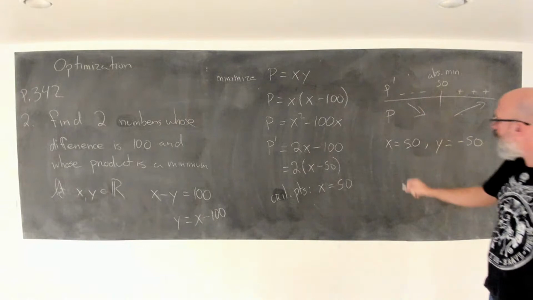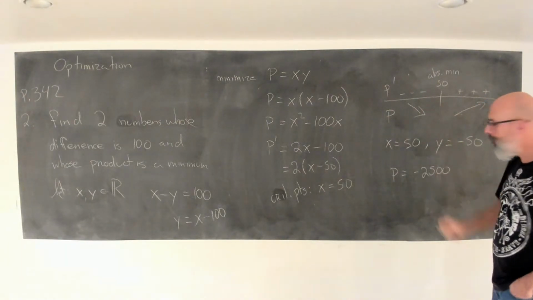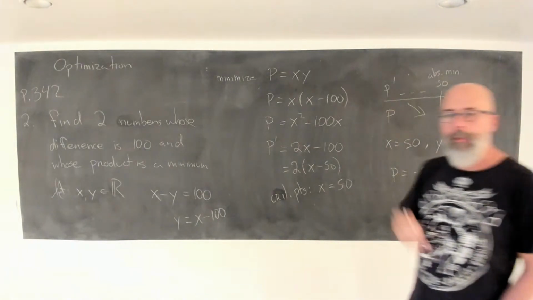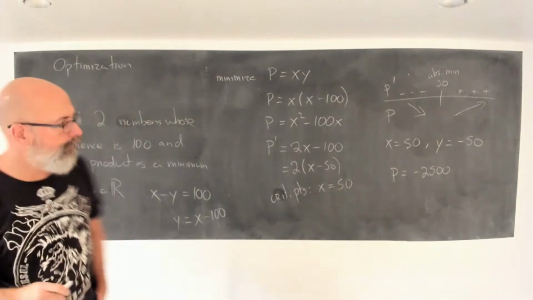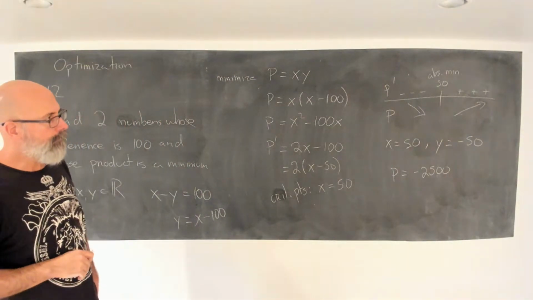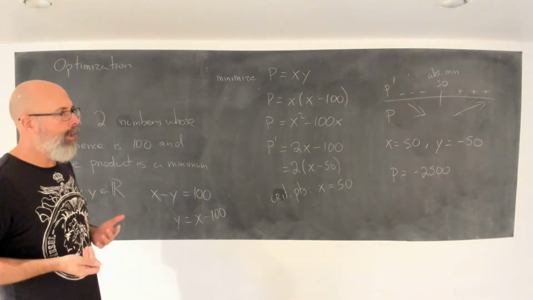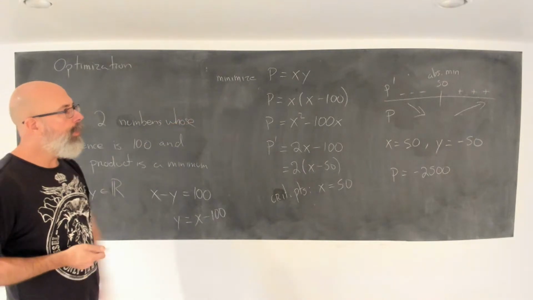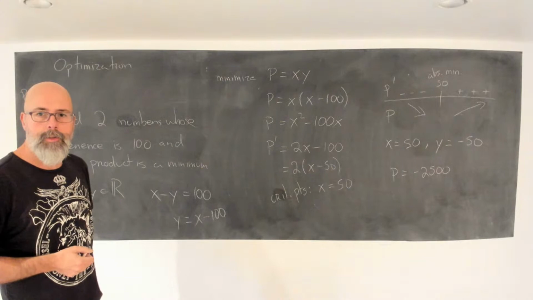And your product is negative 2,500. This is the smallest product you can have. Right, so no guesswork, no trial and error, complete work, fully justified. Very nice.